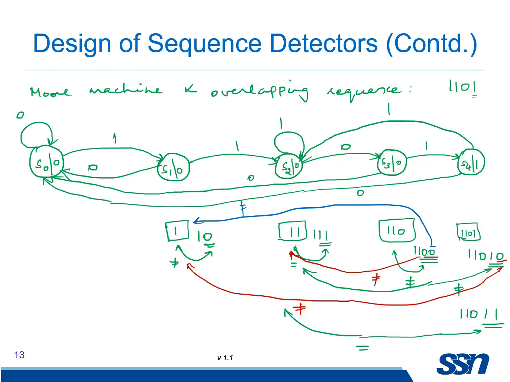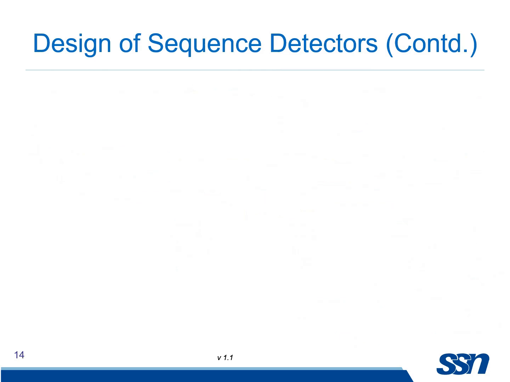So practice this for different sequences and you can try as Mealy machine, Moore machine, overlapping, non-overlapping. Detect the sequence 11011, 10101.